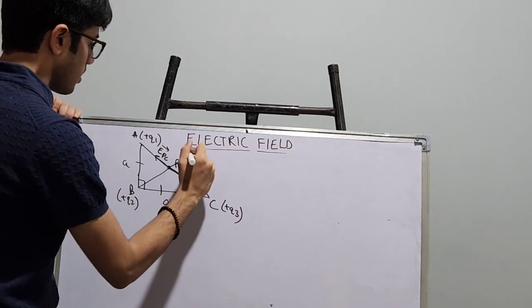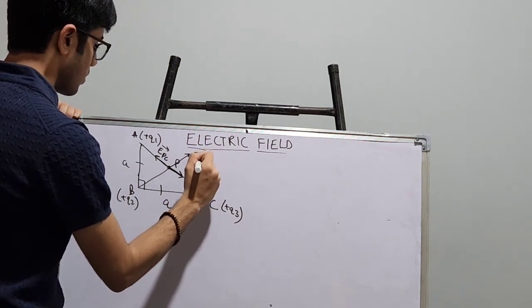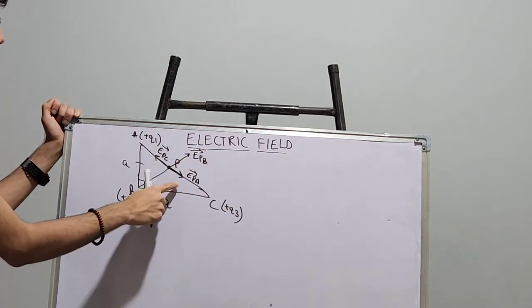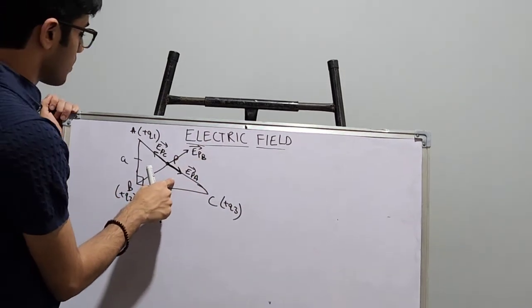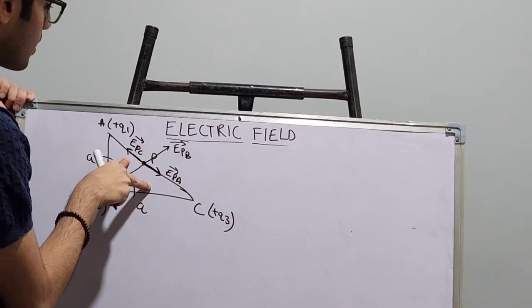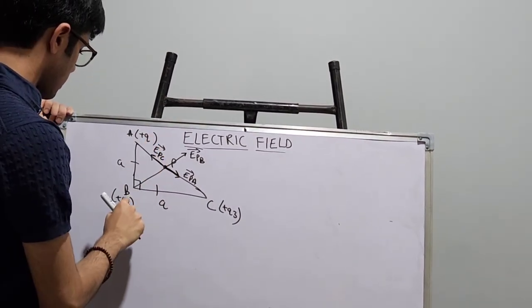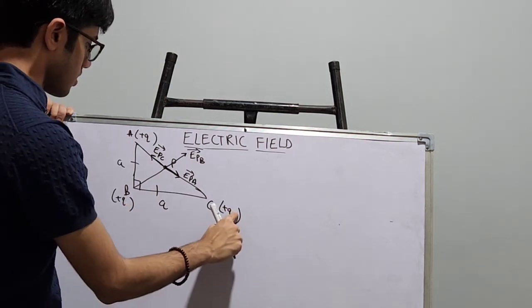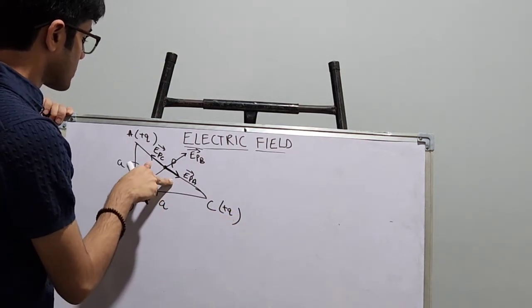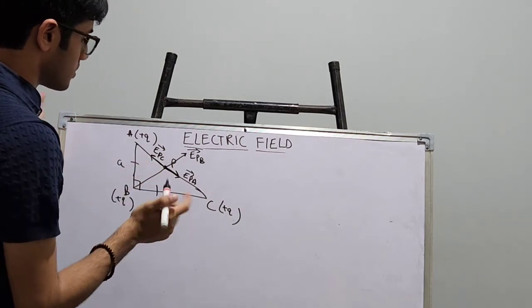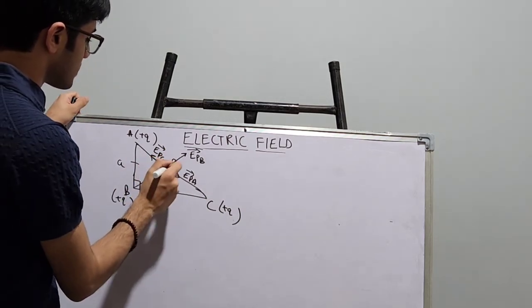So these two electric fields are equal in magnitude as well as opposite in direction, so they get cancelled out.